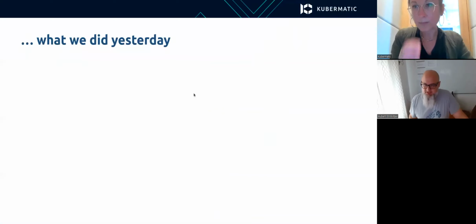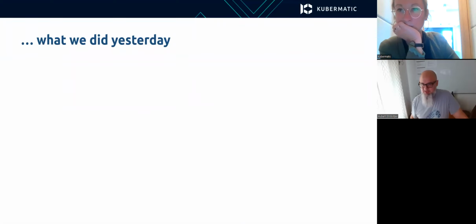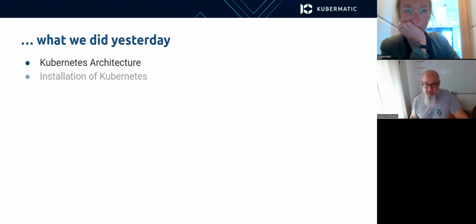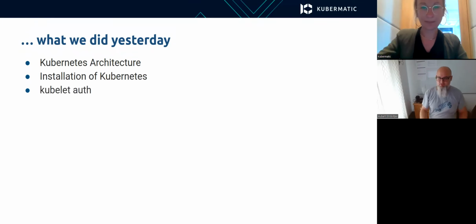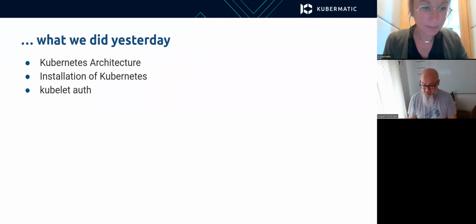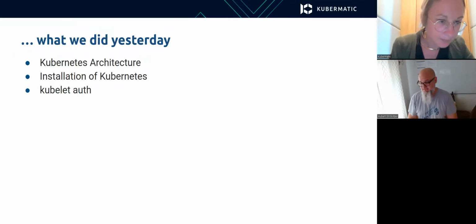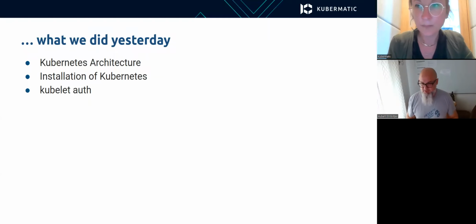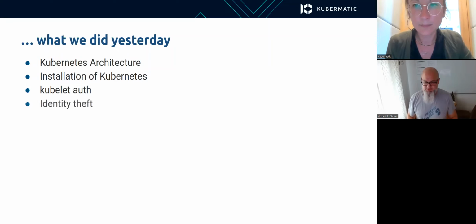Maybe a few words about what we did yesterday, a short reminder. We were talking about the architecture, how to install Kubernetes, and then we took a look at how kubelet authentication and authorization can be configured, and this is already an important part of the security topic. Make sure your kubelets are safe. And for sure, the first part was firewalls. This is also a very important topic. Then we took a look at identity theft.